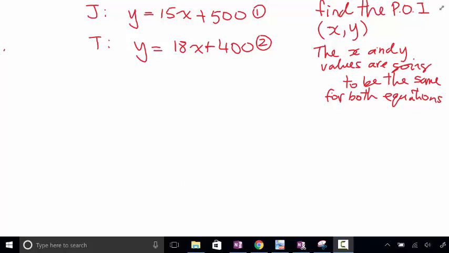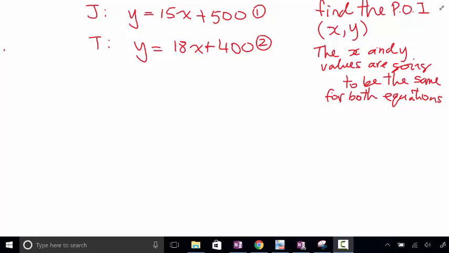Now, so this y is equal to what? 18x plus 400. However, what did I just say? These two y values are exactly the same. So, that means instead of y here, what can I put?